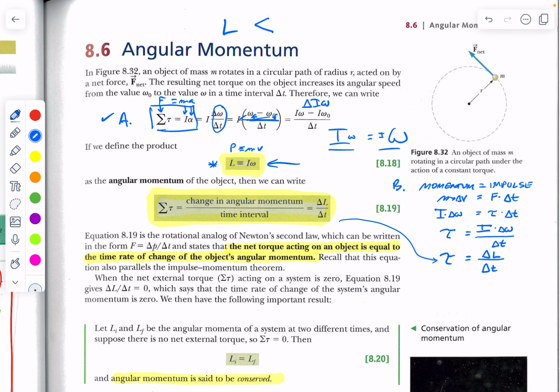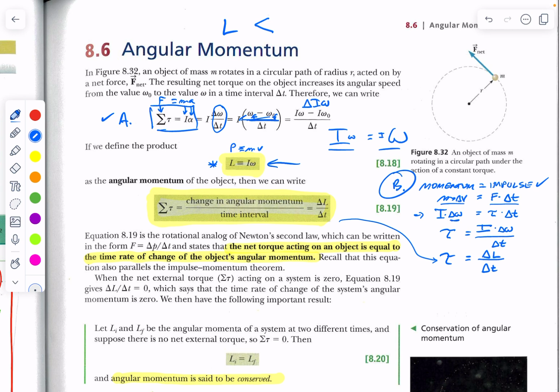Here's another way down here to define this term. If you remember that momentum equals impulse, we talked about that before. So mv equals force times time, and the rotational analog for that in this line, instead of m we have I, instead of delta v we have delta omega, and so forth.